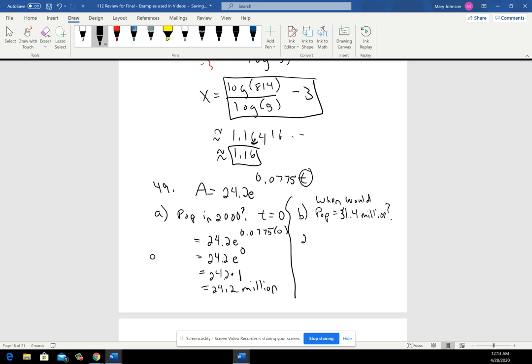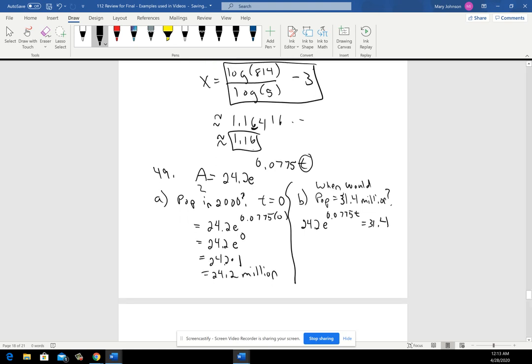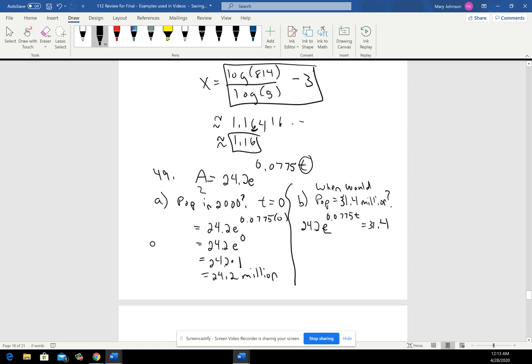So what you're going to do is plug in the 31.4. That's what the population turns out to be. So what you've got now is an exponential equation. Be sure you isolate the exponential part first. Don't log too soon. To do that, you're going to divide the 24.2 on both sides.